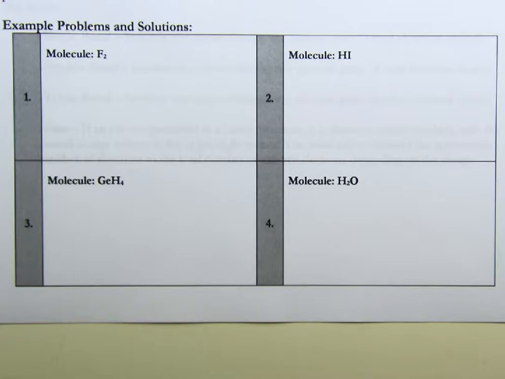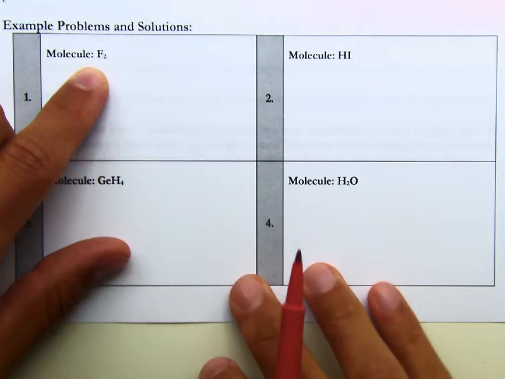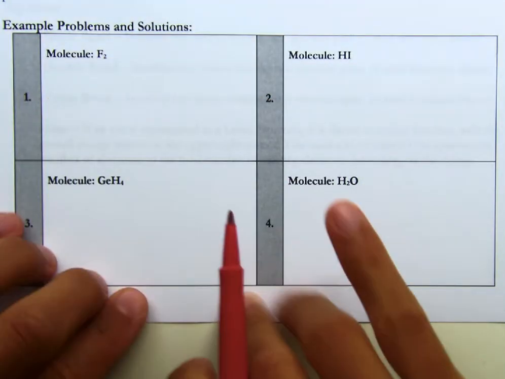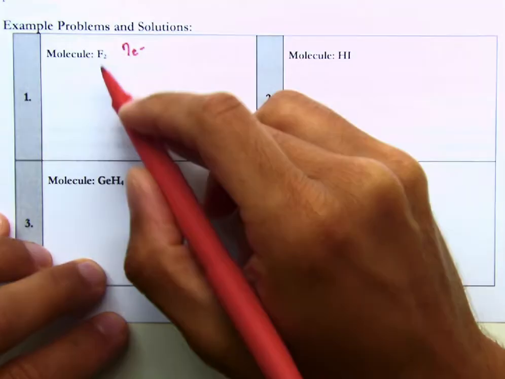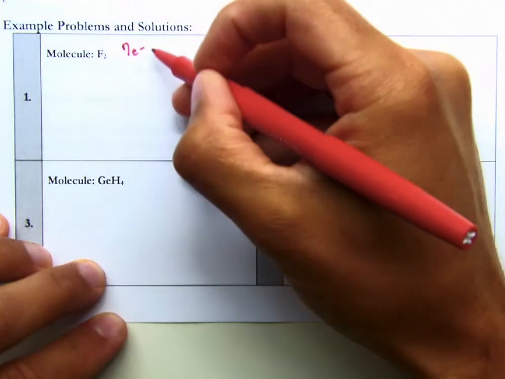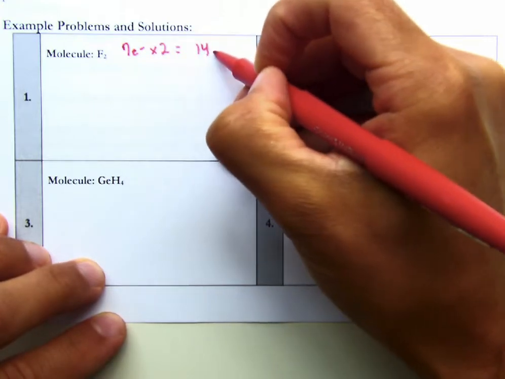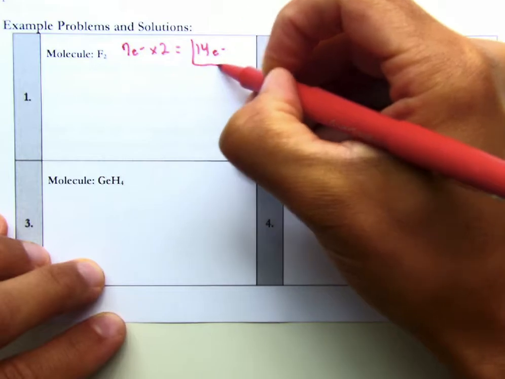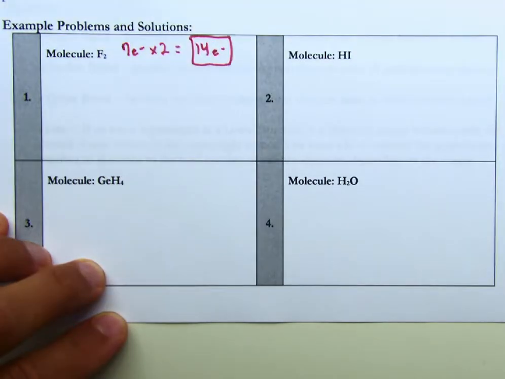Okay, here we go. Step 1, count the total number of valence electrons. Now, we just had a problem with fluorine, and fluorine has 7 valence electrons, and there are 2 of them. So 7 times 2 is 14 total valence electrons. So for each of these problems, you should have the total number of valence electrons right now.